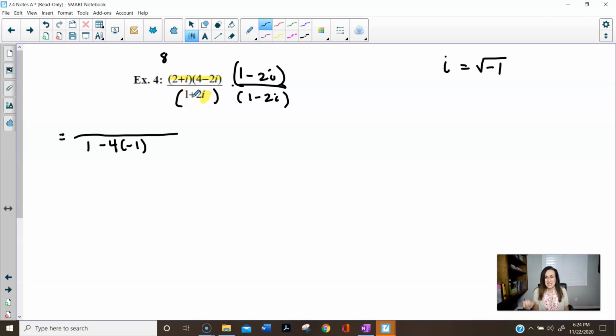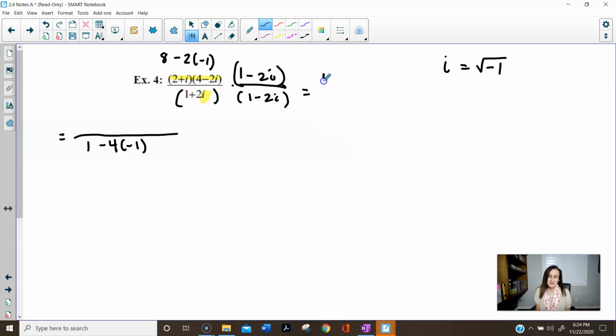Outside and insides happen to cancel on that, even though they're not conjugates. And then last times last is subtract 2i squared. Now subtract 2i squared means subtract 2 times -1. So 8 minus a -2 is really going to be 8 plus 2, which is 10.